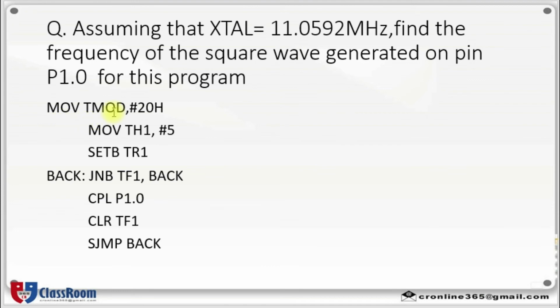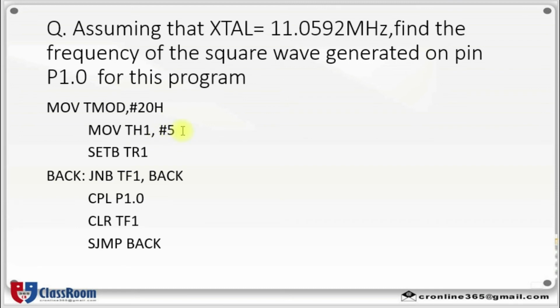Here, MOV TMOD, #20H. 20 can be denoted as 0010 0000. Since this 0010 occurs as the higher bits, we have selected timer 1. So you can use TH1, TR1, TF1, etc. for this program. Then I am loading the initial count value #5 into TH1.